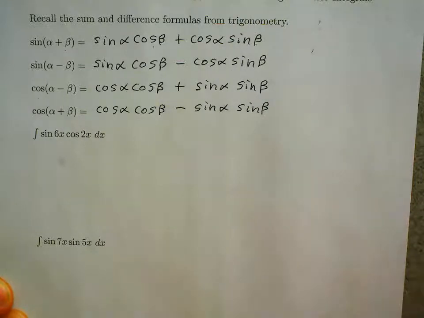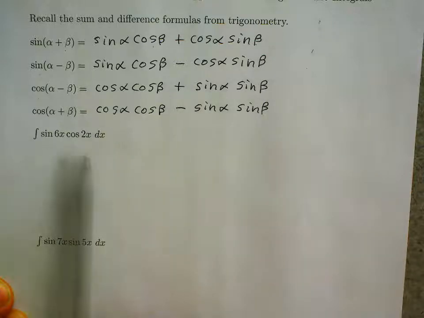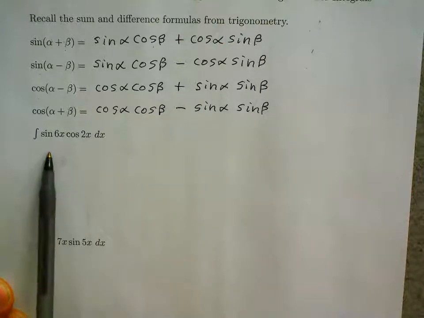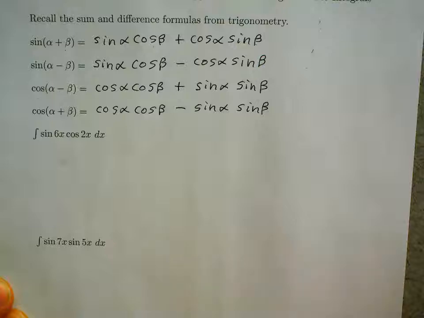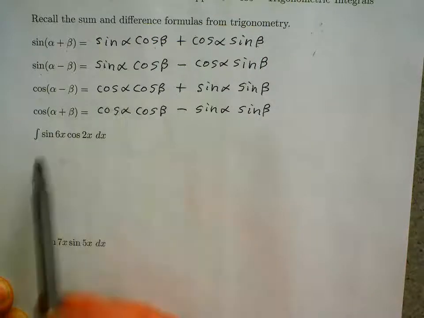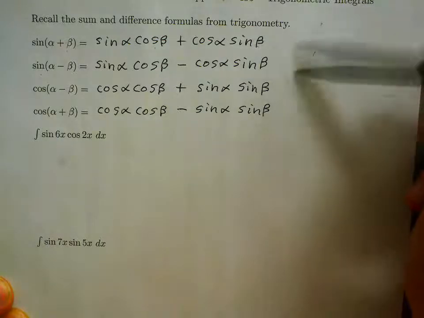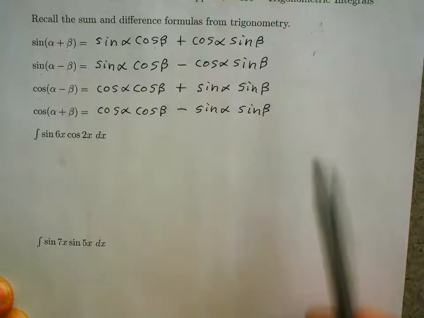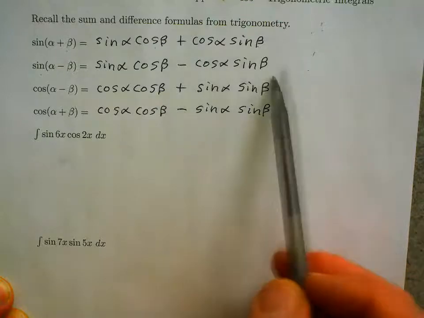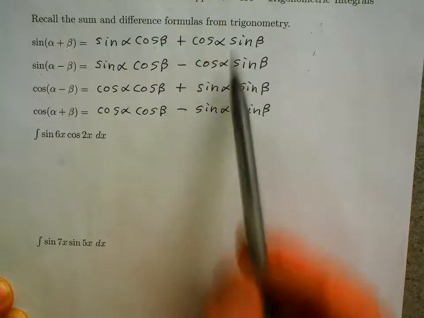There's more than one way to go about using these identities to help us evaluate this indefinite integral. But what I'm going to do is add the top two identities. When we add these two, the cosine alpha times sine of beta terms will cancel each other out.